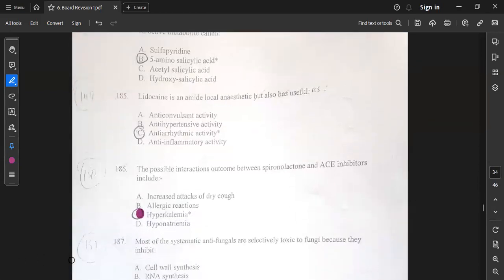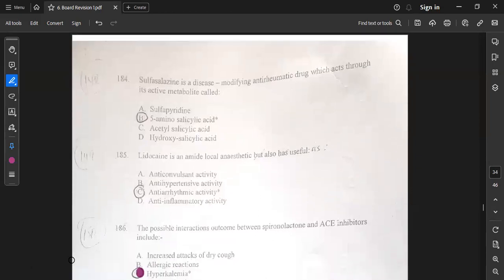Okay, pictures are great. Just for the management of BPH, it's the 5-alpha reductase inhibitors and the alpha-adrenergic antagonists such as tamsulosin that are given. Yeah, we can move on then.